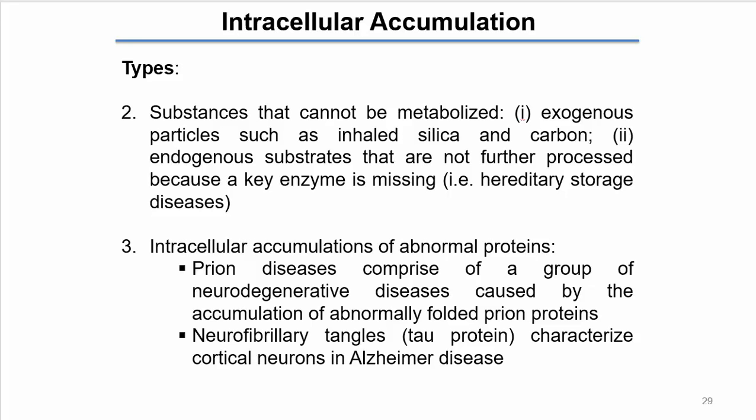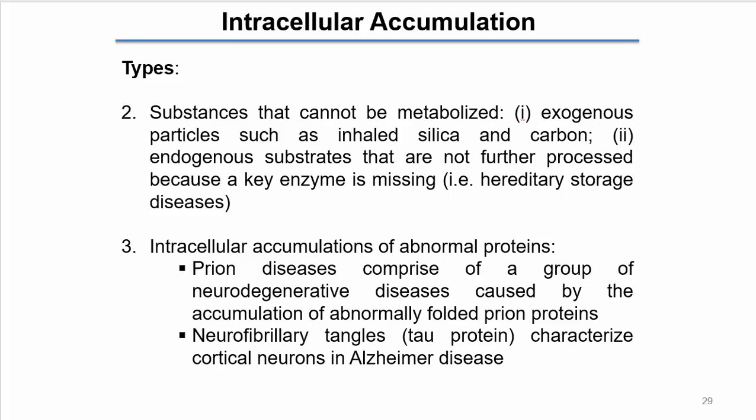Sometimes there are missing enzymes, which means that endogenous things don't get complete metabolism. There are people that have storage diseases, and it's hereditary. It's got to do with a faulty gene that means they don't make the enzyme that's necessary.